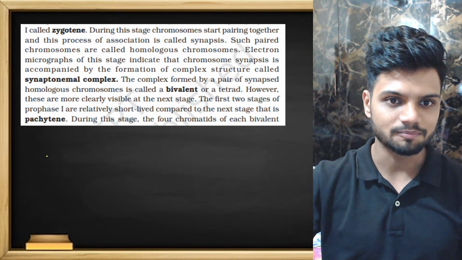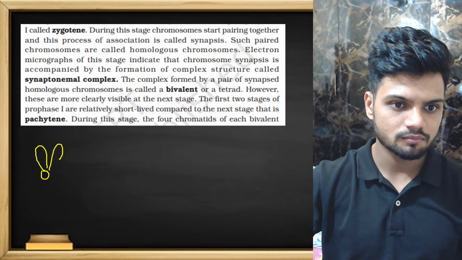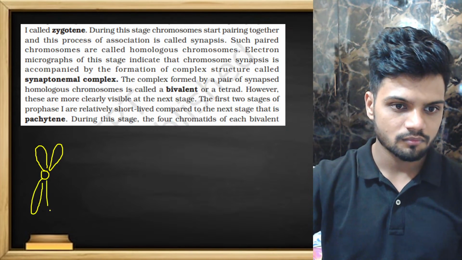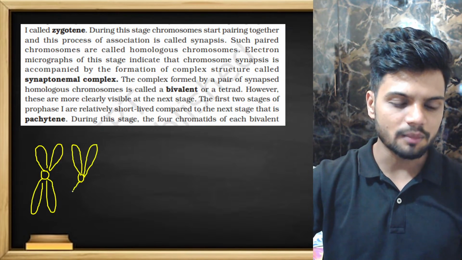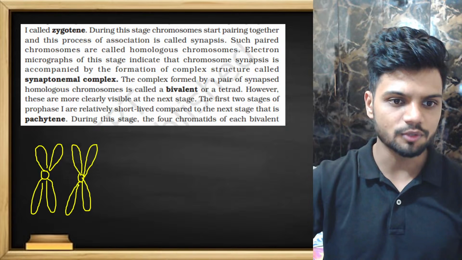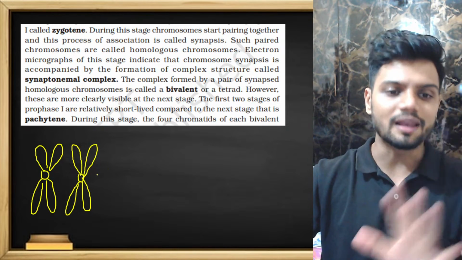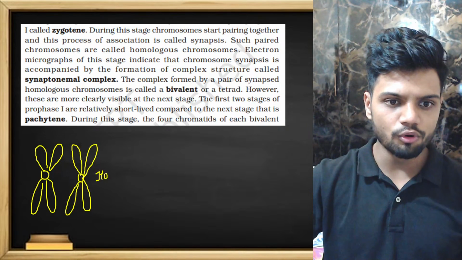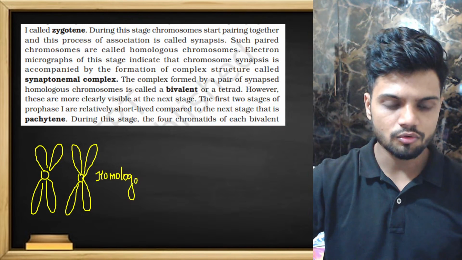So if we have one chromosome here, we have one more chromosome here. The two chromosomes are coming together. They look alike, same to same. When two chromosomes look alike, we call them homologous chromosomes.